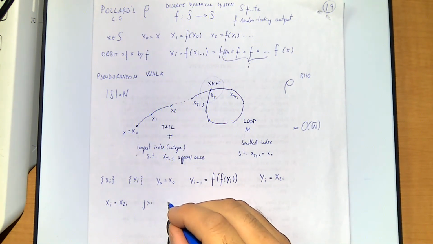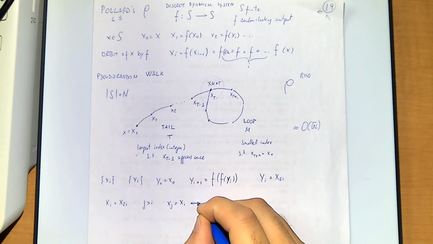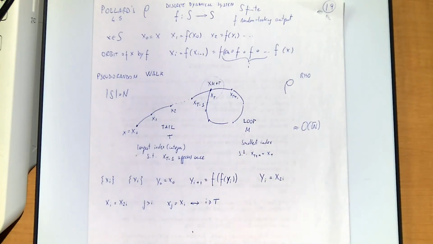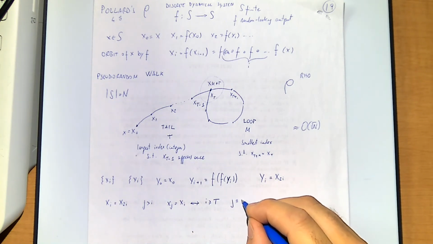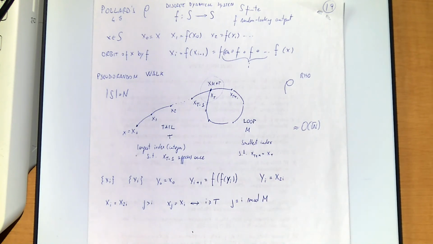We have that xj is equal to xi if and only if, first of all, i has to be greater than the tail. I have to be in the loop, right? And then j has to be congruent to i mod m, because m is the length of the loop.